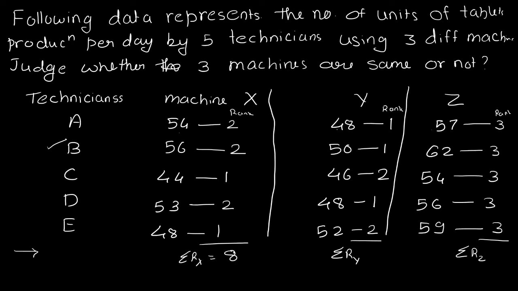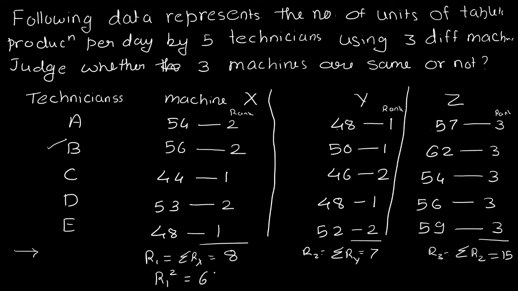So this summation R is 8. That is R1. Then this one will have 1 plus 1, 2, 4, 5, 6, 7. This one will have 15. Okay. So this is my R2. This is my R3. Now the square of this, we will require the square of these numbers.